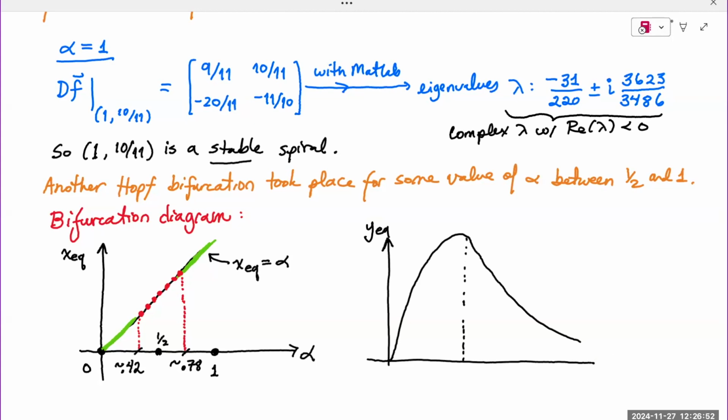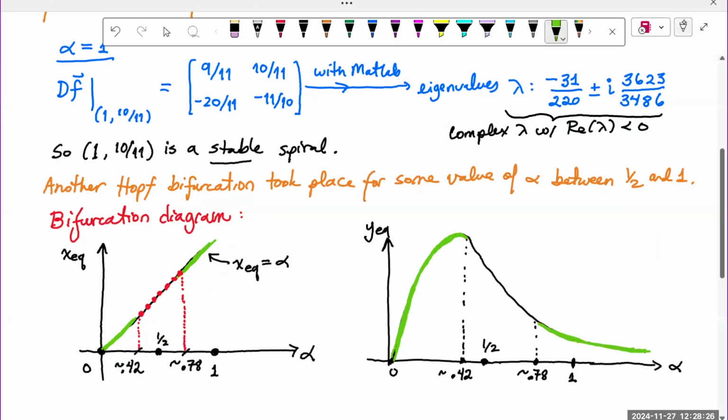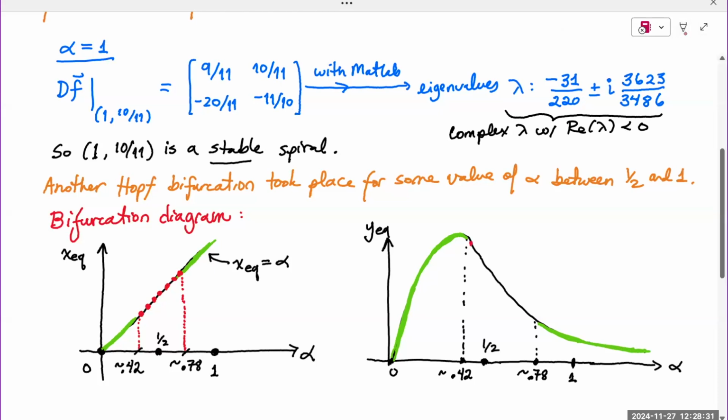And again, not to scale, but around 0.42, stability of the equilibrium point is lost, and around 0.78, stability is regained. So we again identify the stable region with a solid line at the location of the y equilibrium, wherever the y equilibrium is stable as a function of alpha, and with a dotted line wherever the y equilibrium is unstable as a function of alpha.